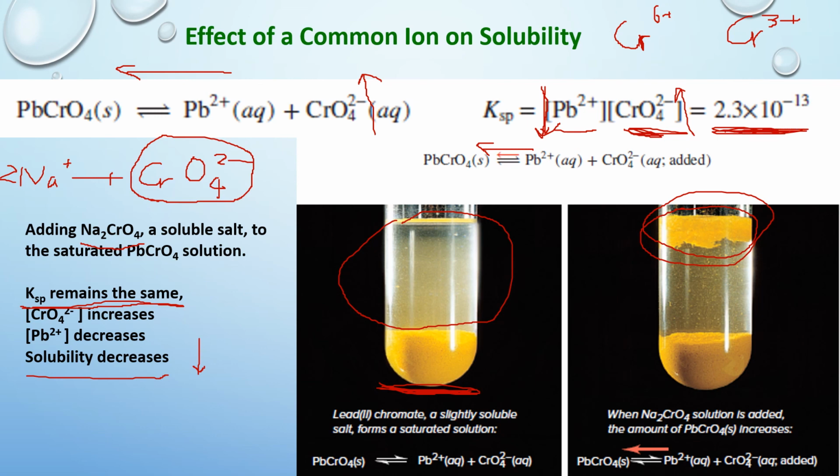When you add the sodium chromate, that will increase the concentration of the chromate, which will shift the equilibrium to the left and generate more solid. In that case, we want the K to be the same because the temperature remains the same. So the concentration of the lead must decrease, and the solubility of lead chromate will also decrease.